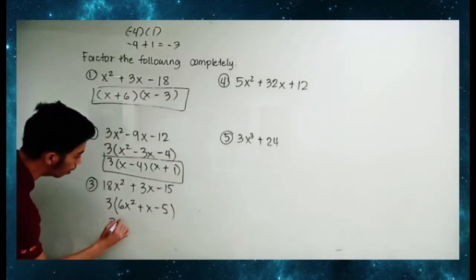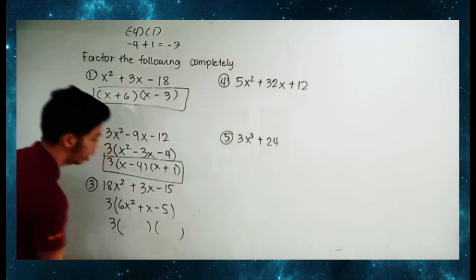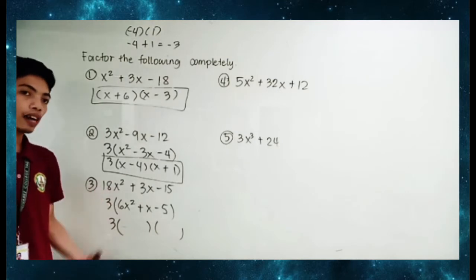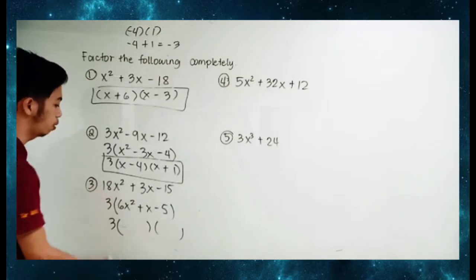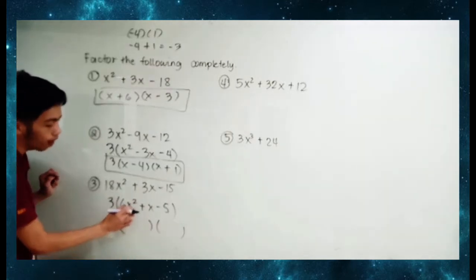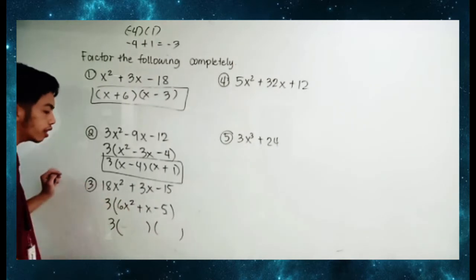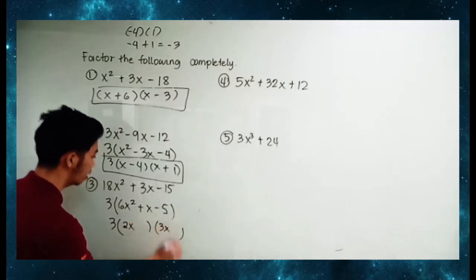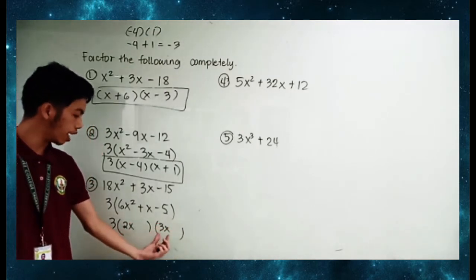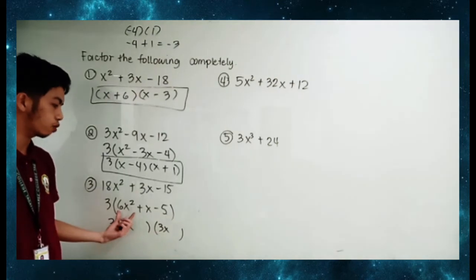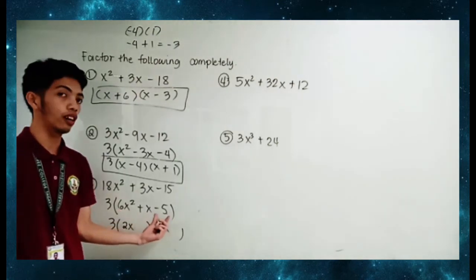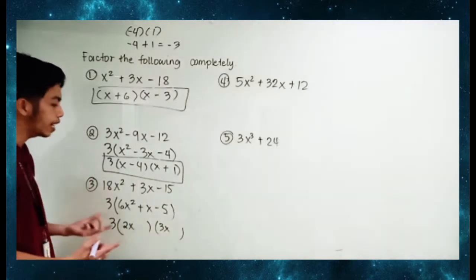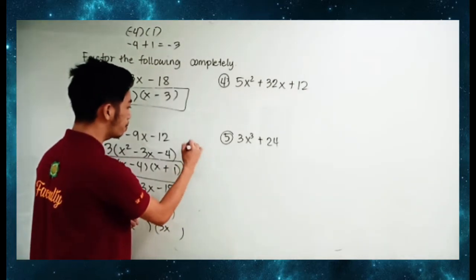Paano ba magpa-factor? Eh, may kasama ng 6 yung x squared. Hindi lang siya x times x. Papasok tayo sa trial and error. Okay? Ano nga ba yung possible factors ng 6x squared? Dun muna tayo magsimula sa 2x at 3x. Kasi diba, 2x times 3x is 6x squared. Ano naman yung factor ng negative 5? Okay? We have, try natin yung negative 5 times 1.